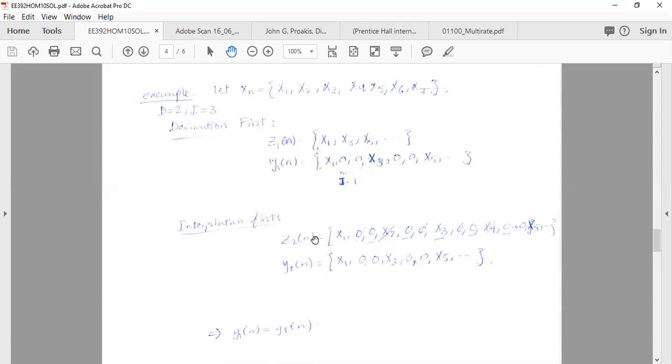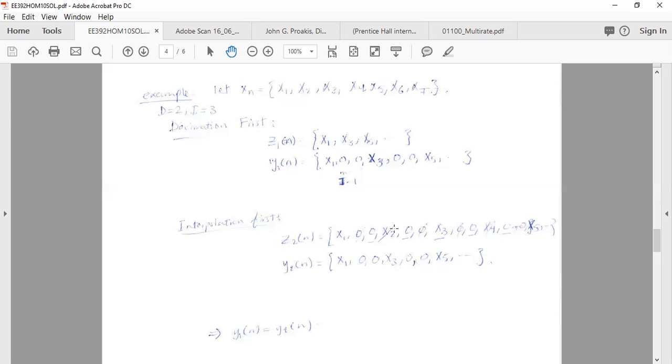After every one element, we remove the next element. So we have x1, and we remove the next element, a 0, so we end up with x1, 0, and then 0 again, and then x2 is removed.